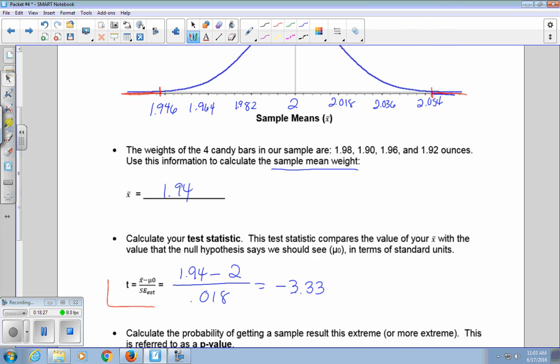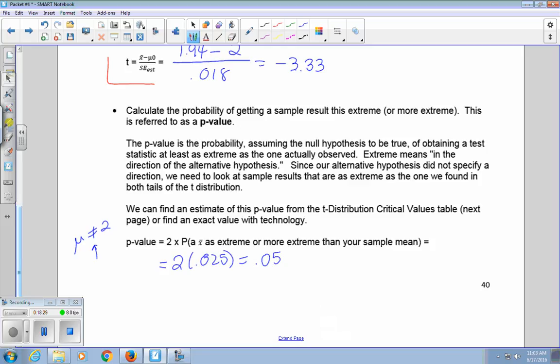So going back, if we thought about 2 times 0.01, we'd get 0.02. So the probability is somewhere between 0.02 and 0.05, probably closer to 0.05. But anyway, that just gives you an estimate of the p-value when you use the table.